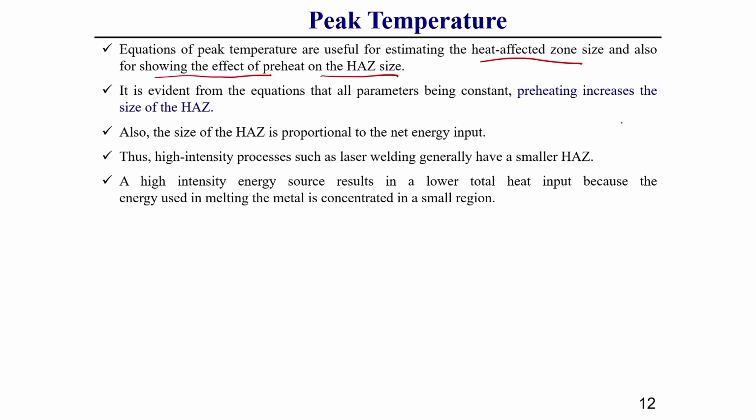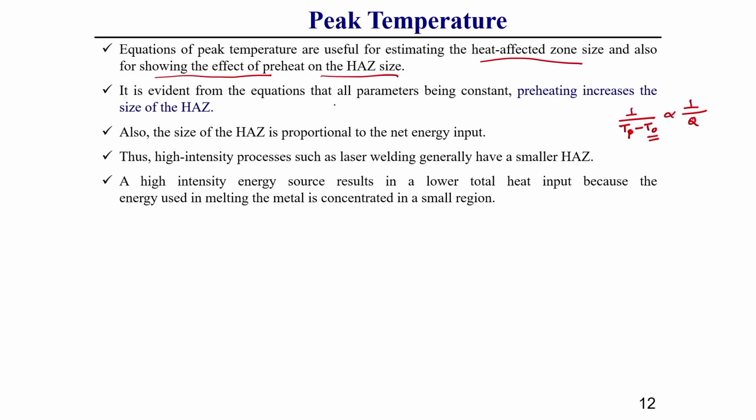So you observe that 1 by Tp minus T0 is directly proportional to 1 by Q. Apart from this, if the T0 value increases, then what happens?